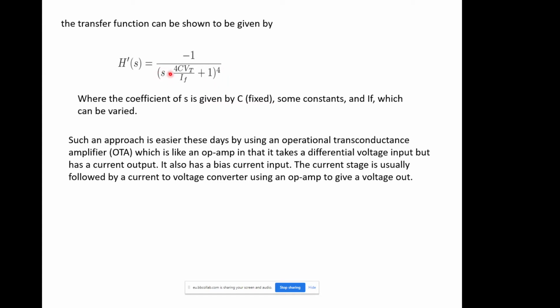S is obviously the Laplace operator, so there's j omega hidden in there, and this is the coefficient of S, which effectively dictates the cutoff frequency of the system. And you can see the value C comes into play, which is fixed. Vt is constant within the system, and IF is the tail current, which we can vary. So we can vary the cutoff frequency of this system by changing this DC current in the system.